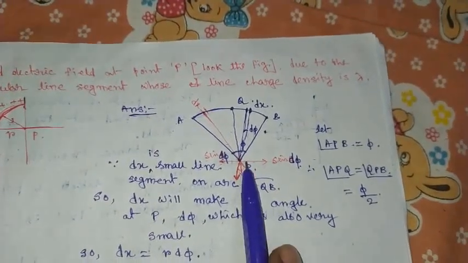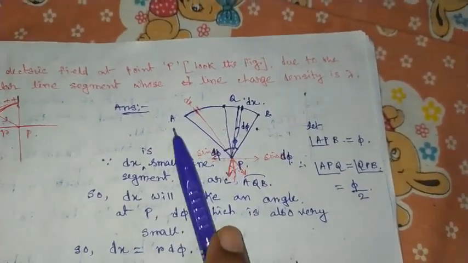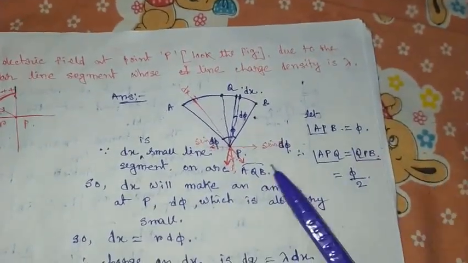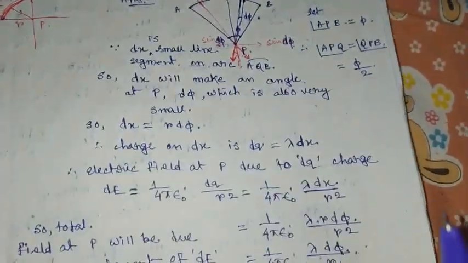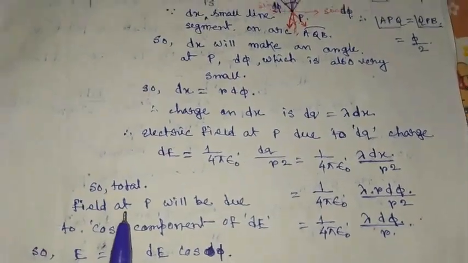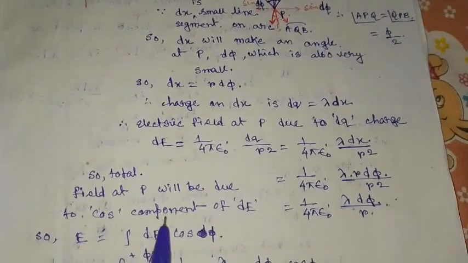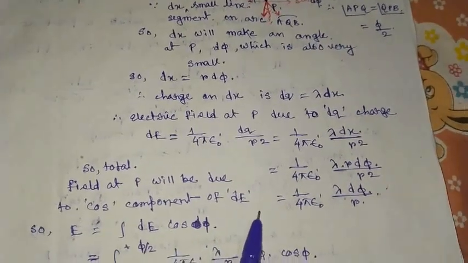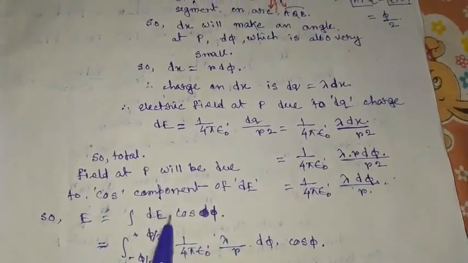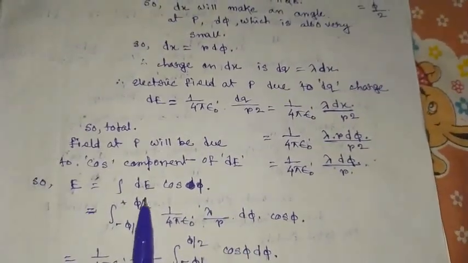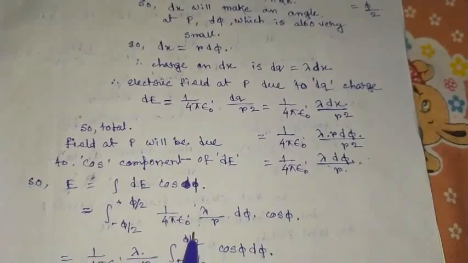So at point P, the net electric field due to this whole arc AQB will be the summation of the cos components. We have written it in this fashion. So the total electric field at point P will be due to the cos component of dE. Total electric field E equals the integral of dE cos phi, and here we put the value of dE.